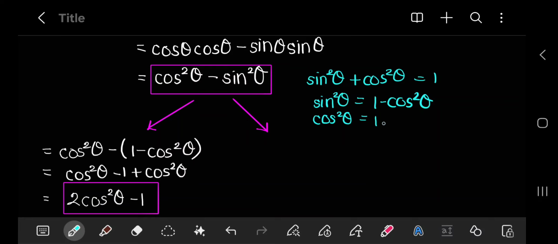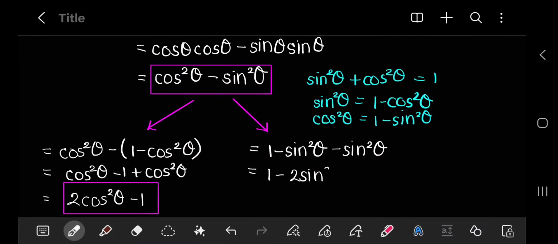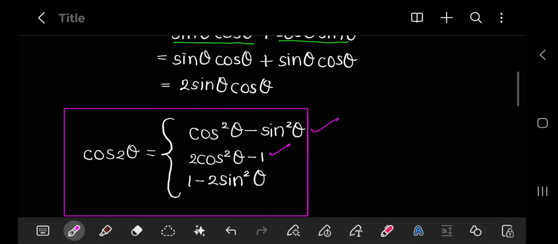So to manipulate this, I'm going to take the sine squared theta over to the right hand side. And to continue from this last step, I am now going to replace cos squared theta with 1 minus sine squared theta. Next to that, I've got a minus sine squared theta. I am now going to gather like terms, and I get 1 minus 2 sine squared theta. And that gives me the third expansion.